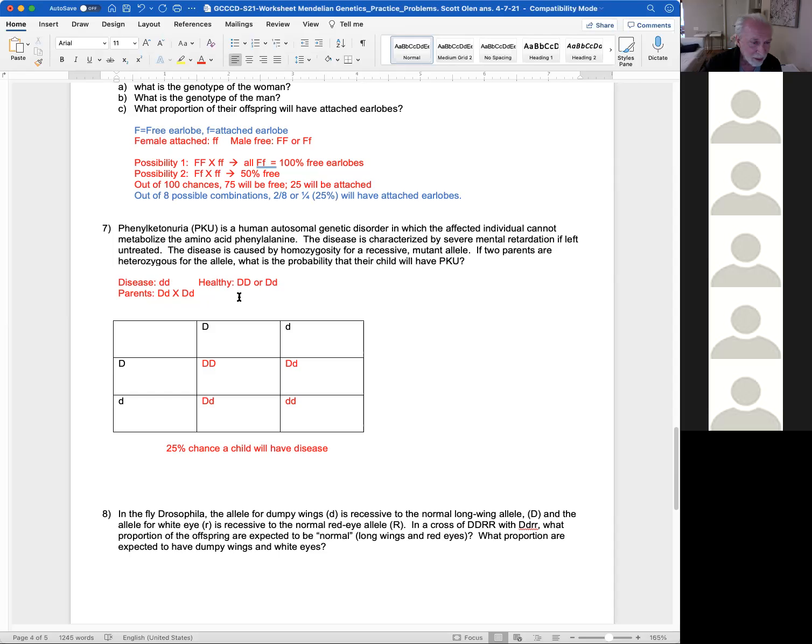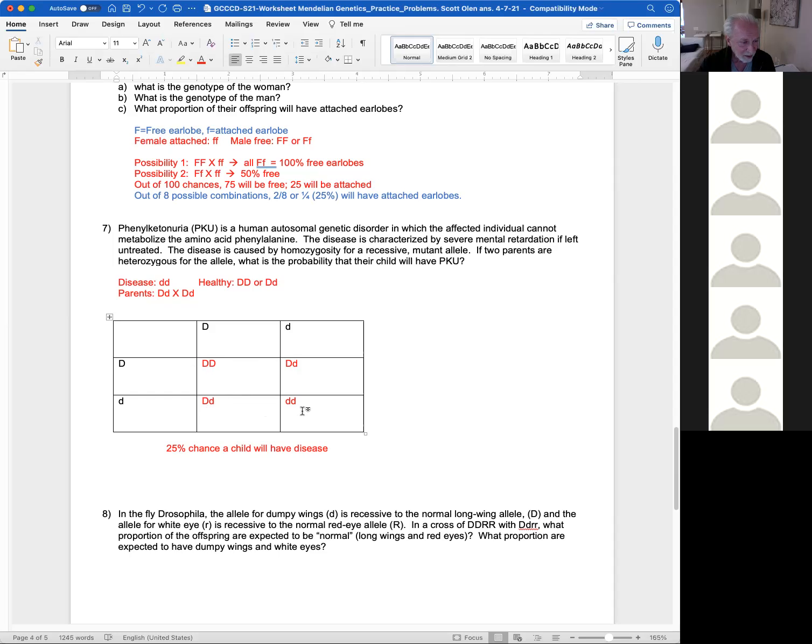And so the parents, it says that 2 parents are heterozygous for the allele. That means the parental cross is big D little d times big D little d. And our Punnett square shows the following. Big D, big D, big D little d in one square, and big D little d in another square.